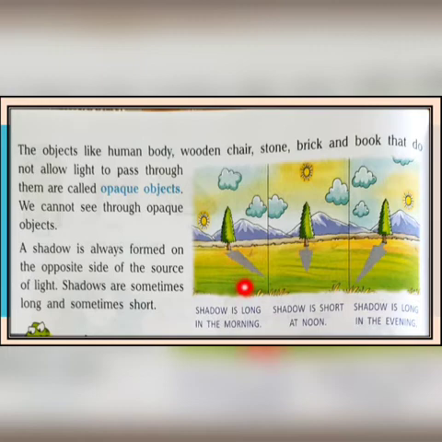Shadows may be long, and sometimes short. When the sun rays are slanting, we see a long shadow, and when the sun is overhead, the sun rays fall directly, then the shadow is short.